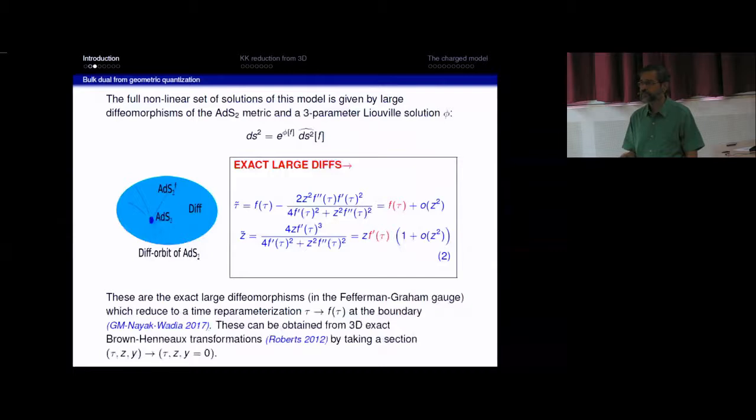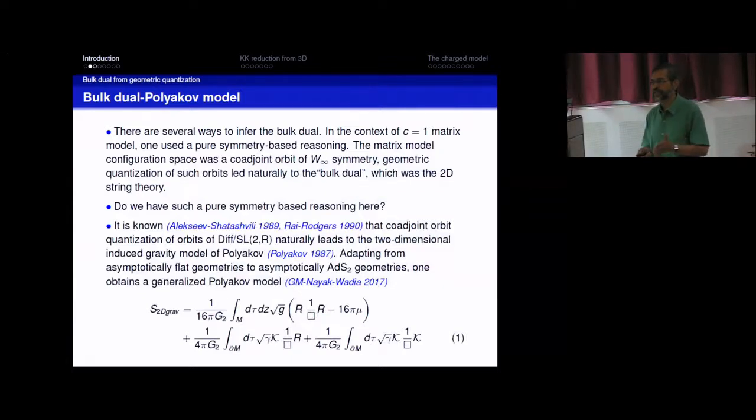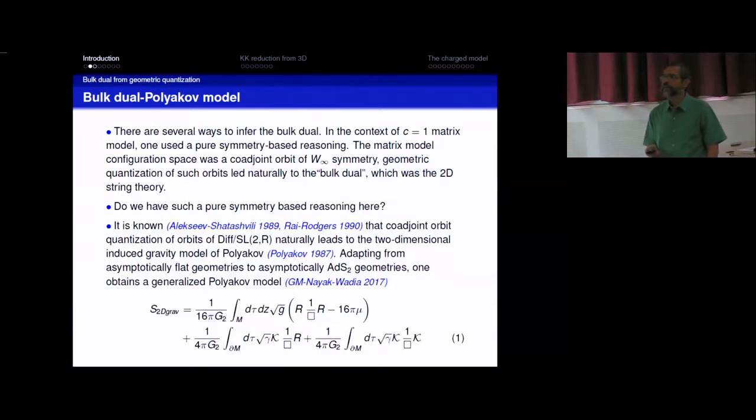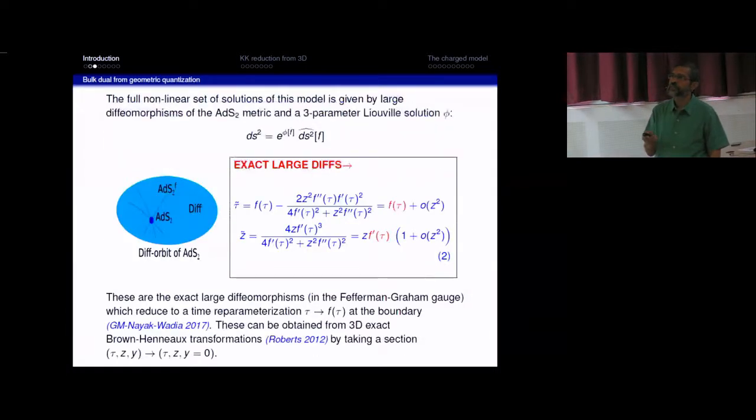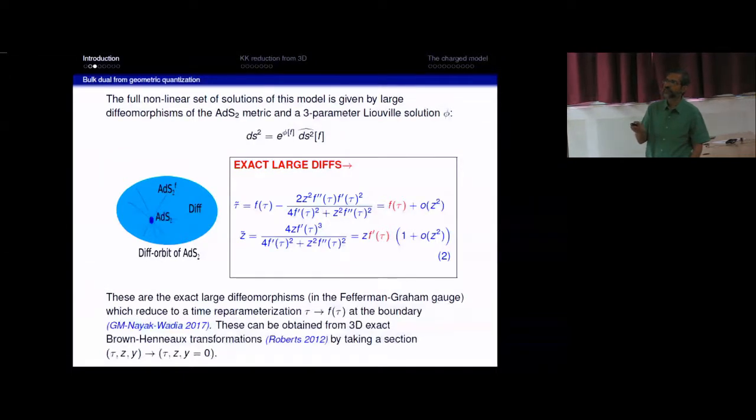This theory has a solution space which is basically given by large diffeomorphisms, which are characterized by a time reparameterization at the boundary. The full nonlinear set of solutions of this model is given by large diffeomorphisms, which act on the metric in the conformal gauge.